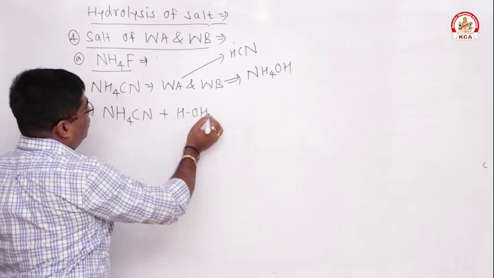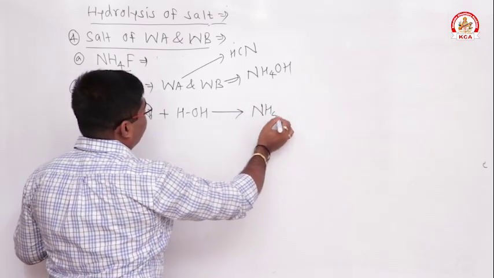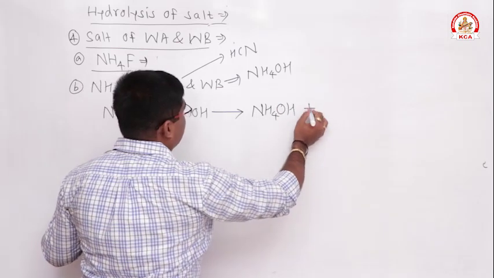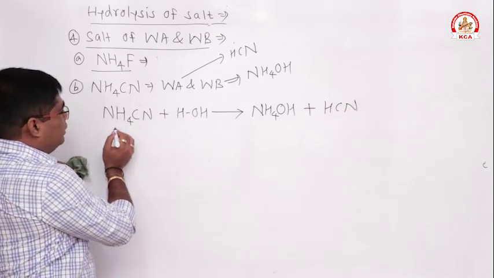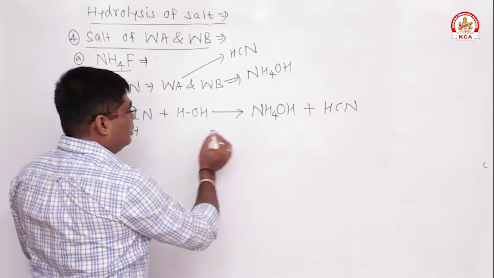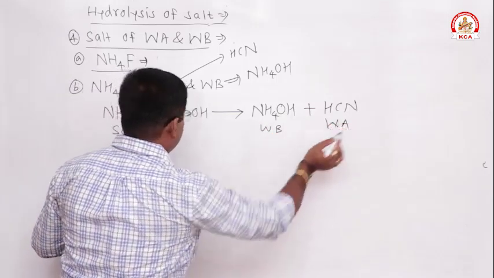NH4CN reacts with water, it gives NH4OH, ammonium hydroxide, and then HCN, hydrogen cyanide. It is salt. It is weak base. It is weak acid.